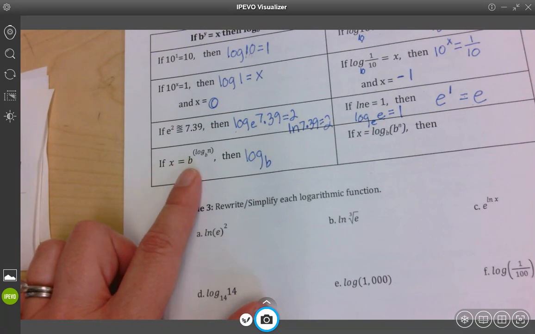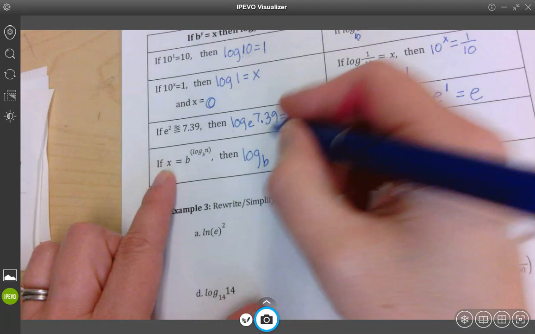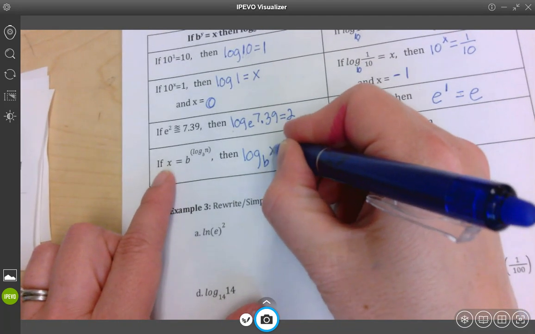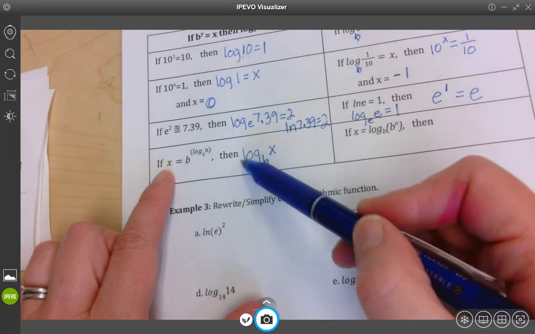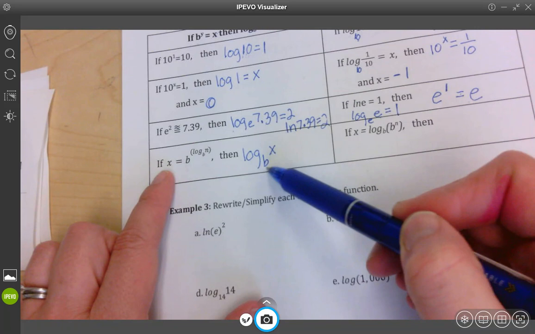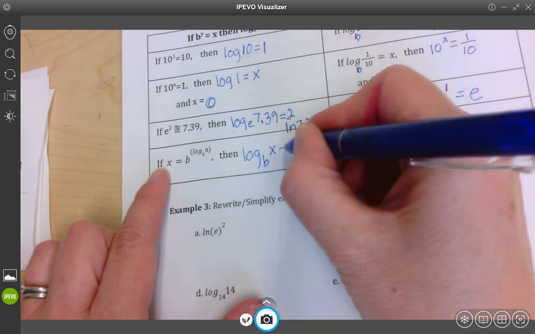Okay? Next comes the argument, not the exponent. So the argument is what? Log base B of x. Okay. Log base B of x equals the exponent. What's the exponent?